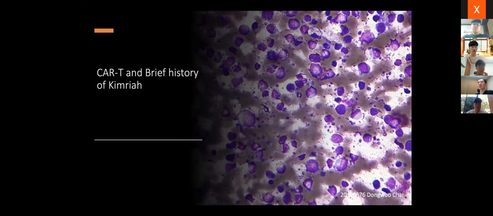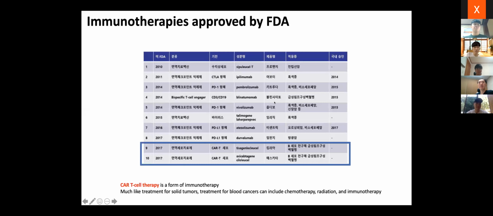I'll talk about CAR T today, and as I said in the title, a brief history of Kymriah, which is the first drug developed by the CAR T technology. Immunotherapies are third generation drugs to treat cancer, and they have been coming out in the market since 2010.